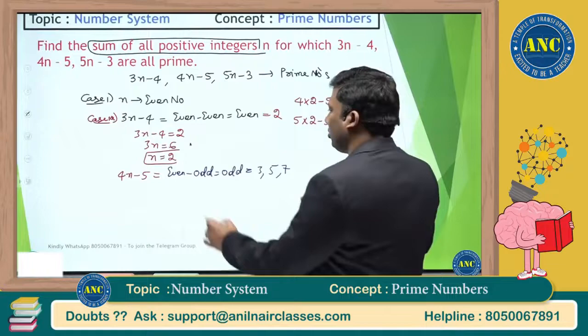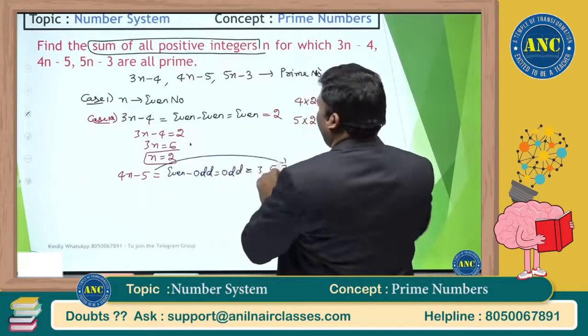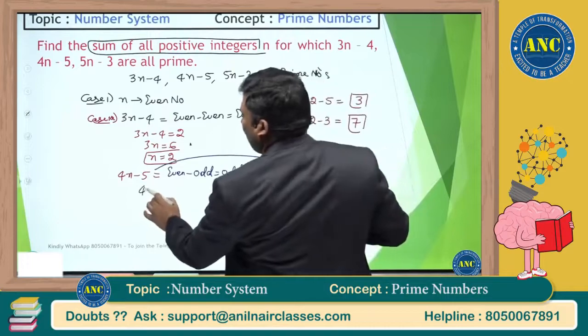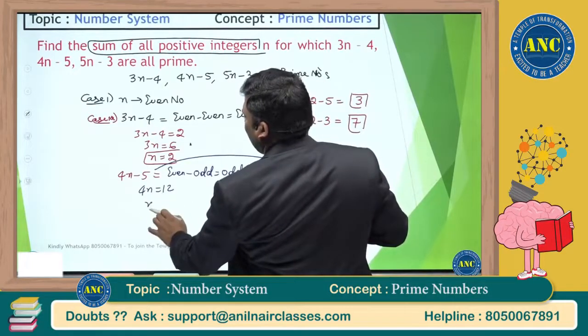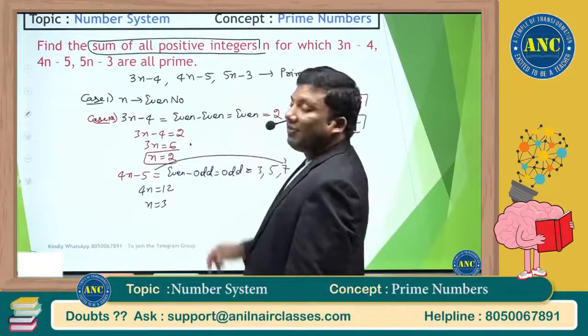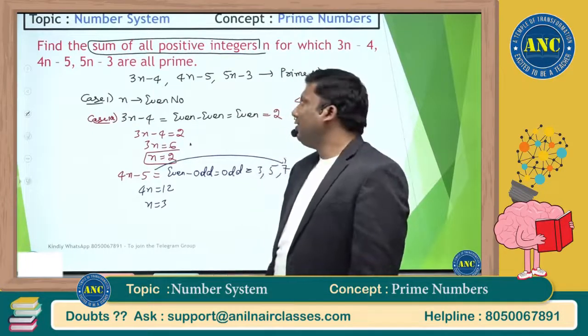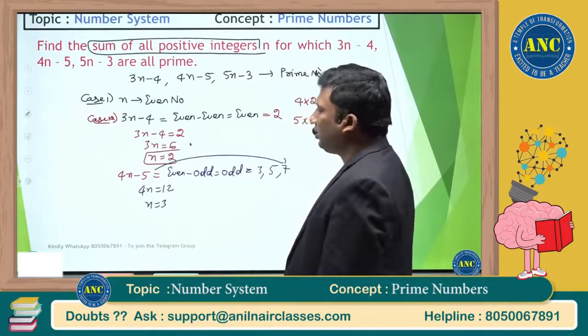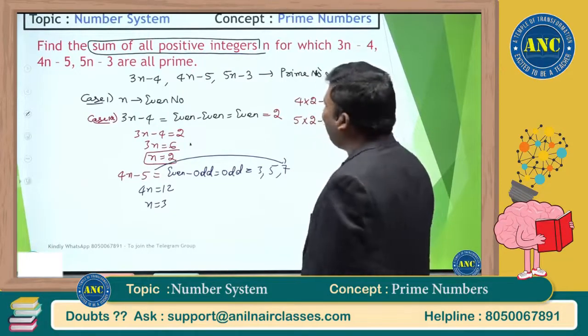If I substitute, 5 times 3 minus 3 is 15 minus 3, which is 12, a composite number. I hope the idea is clear.